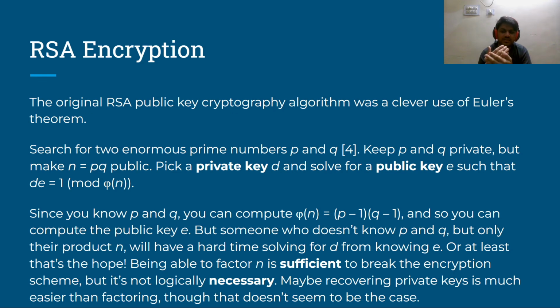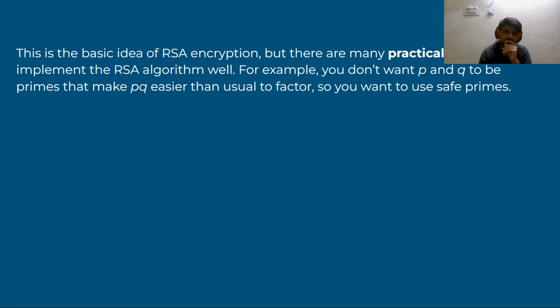Maybe recovering the private key is much easier than factoring, but that does not seem to be the case. This is the basic idea of RSA encryption, but there are many practical details to implement the RSA algorithm well. For example, you don't want p and q to be just any primes, as that can make pq easier than usual to factor. So you want to use safe primes.